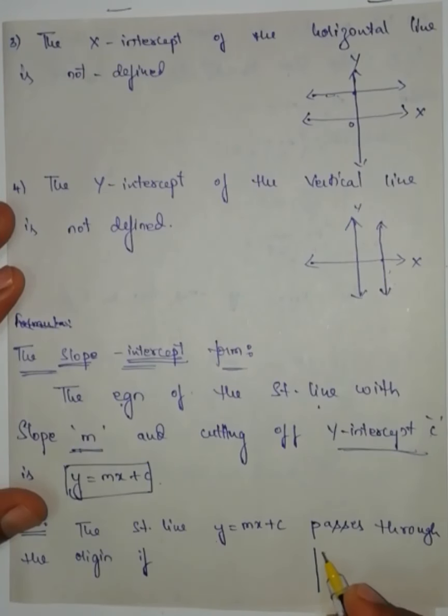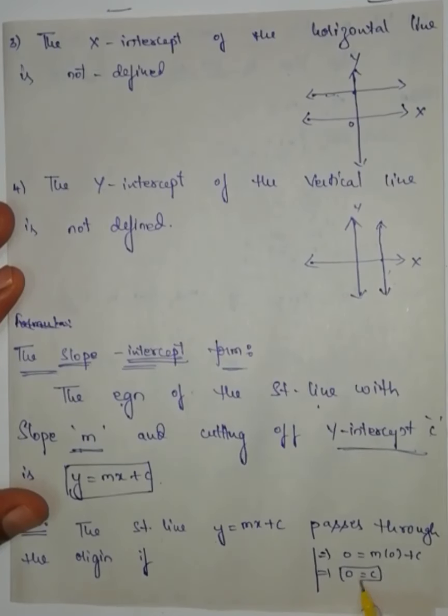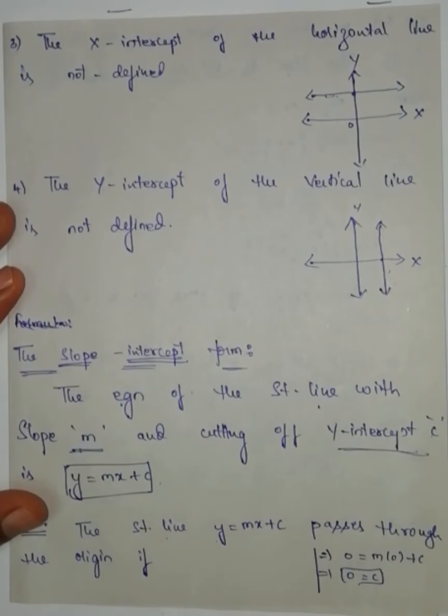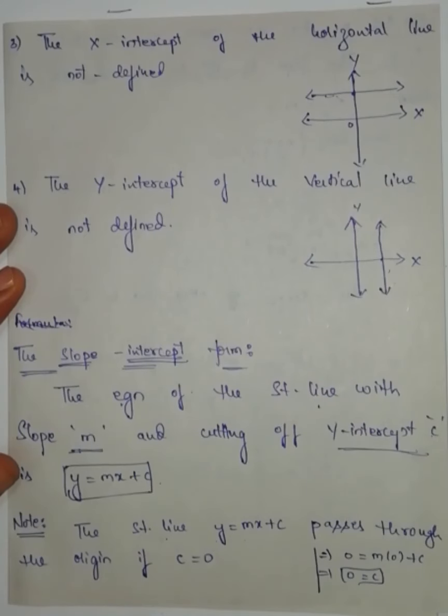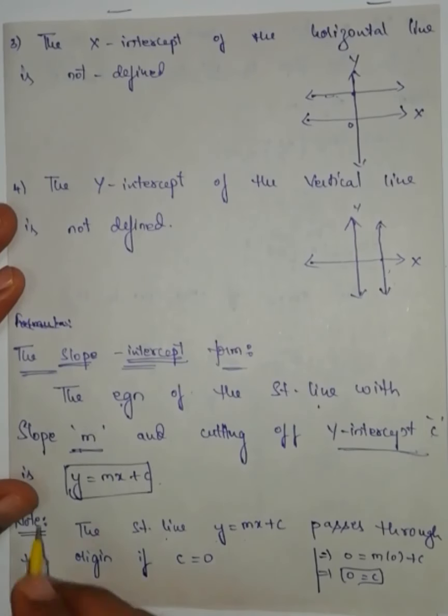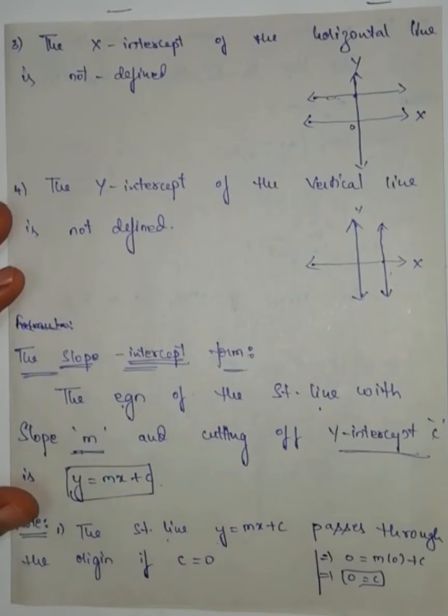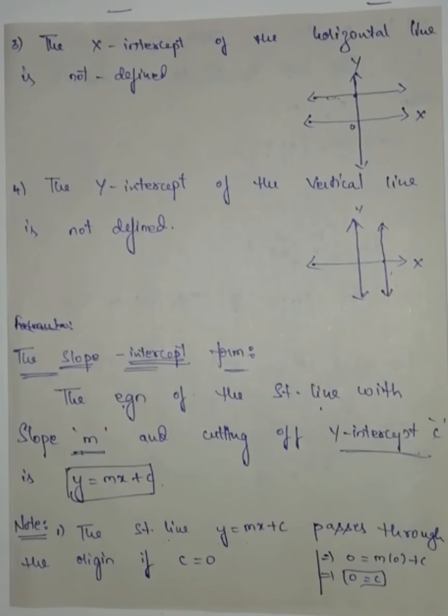If I substitute 0 comma 0 in place of x and y, it is 0 equals m into 0 plus c. This implies 0 is equal to c. Therefore the straight line y is equal to mx plus c passes through the origin if c is equal to 0. This is note 1.